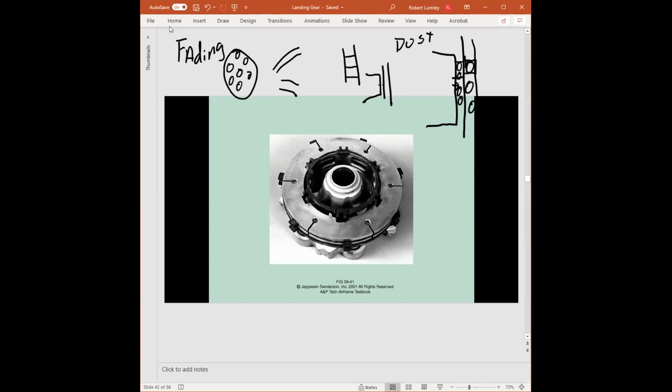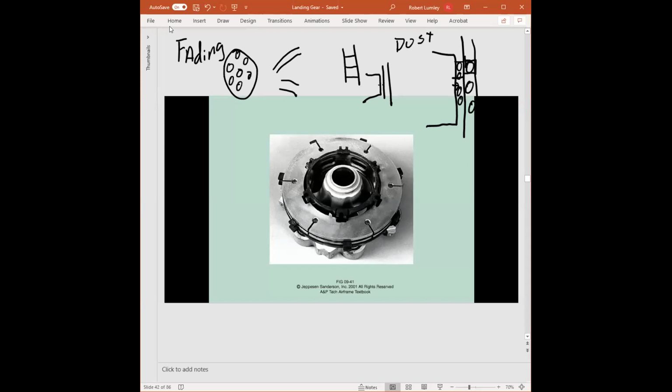You hit the brakes enough and you get them really hot, and it's like, okay, my pedal's solid, but I'm not getting the friction. I'm not getting it to stop. That is known as a fading brake. And that's caused by entrapment of the air between the brake pad and the brake disc. And it could be scary sometimes.